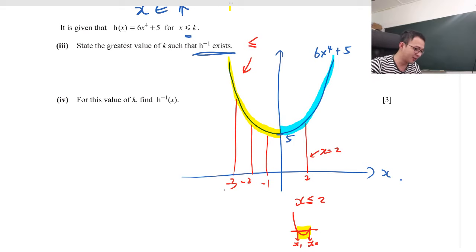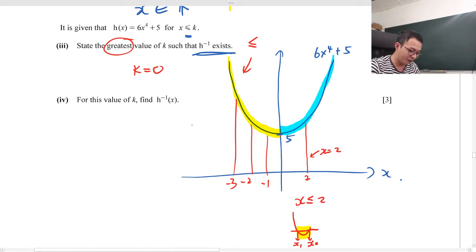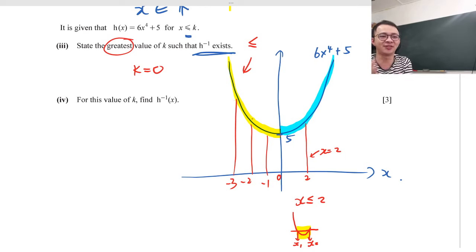But over here, they want the greatest, so therefore k equals 0. From the yellow color here, you can see the greatest is 0. If 0, then I can take the whole yellow color. Of course, you can say k can be -1, -2, and -3. This is true, but then it is not the greatest. So in this case, the greatest is 0.